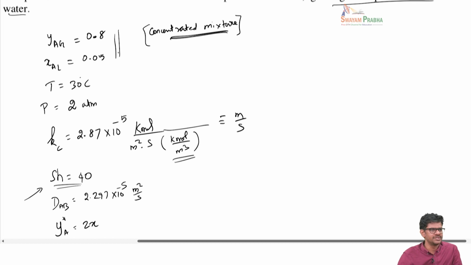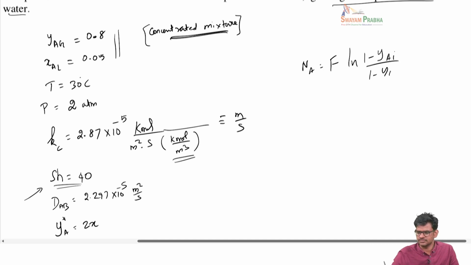So you have to use this flux Na using F type coefficients. So you need to get F type coefficient from the Sherwood number, whereas this interfacial concentration you should get from, again, the respective F type mass transfer coefficients.